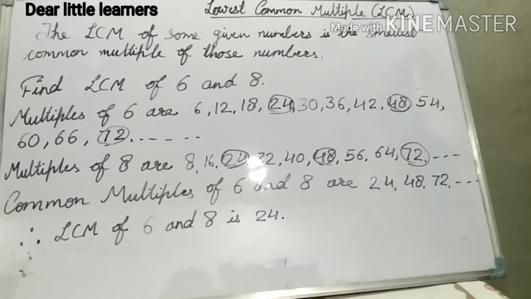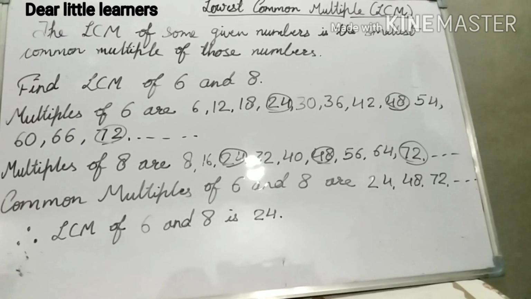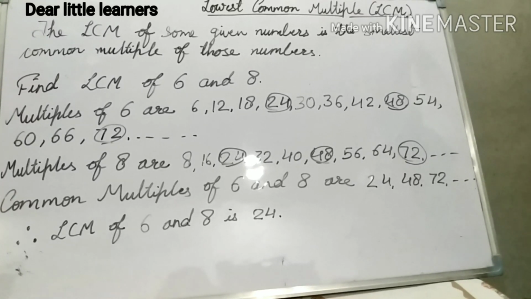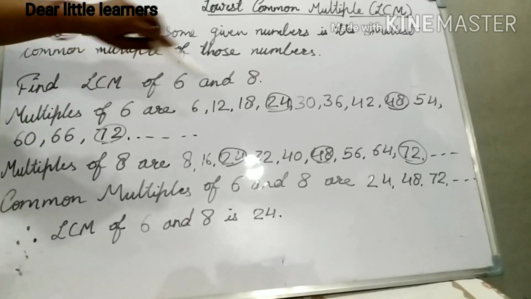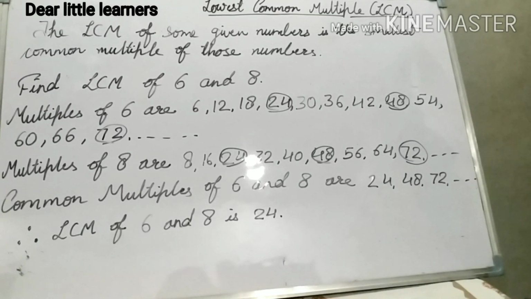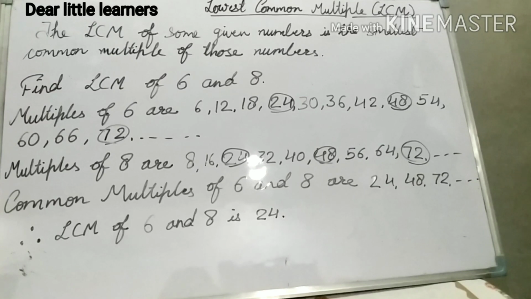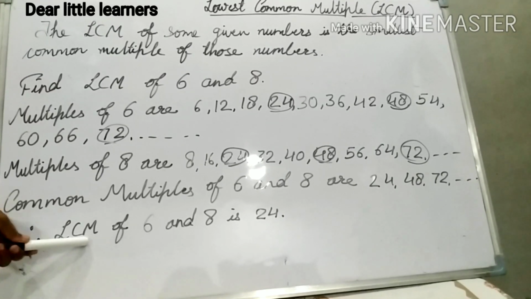Now we have to find out the common multiples of 6 and 8. So you can see the common multiples of 6 and 8 are 24, 48, 72. So out of these, they are the common multiples. The full form of LCM is lowest common multiple.